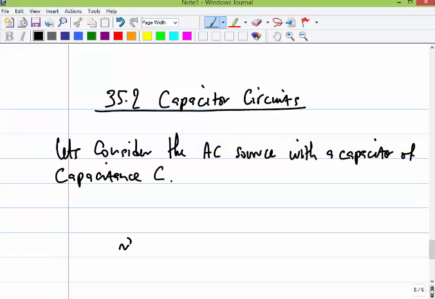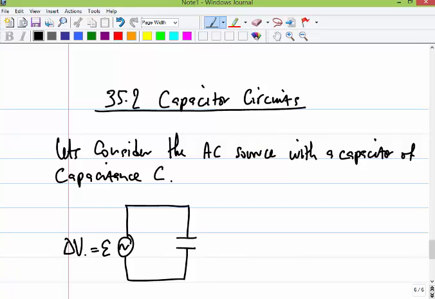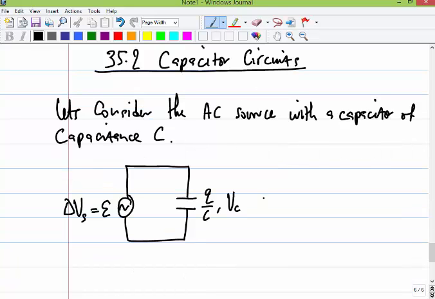So we have our source again, and this time we just have a capacitor connected in it. This is the EMF again, and this is equal to the potential difference of the source. And then for the capacitor, that's the voltage across the capacitor. Therefore, the charge is going to be equal to the capacitance times the voltage across the capacitor.